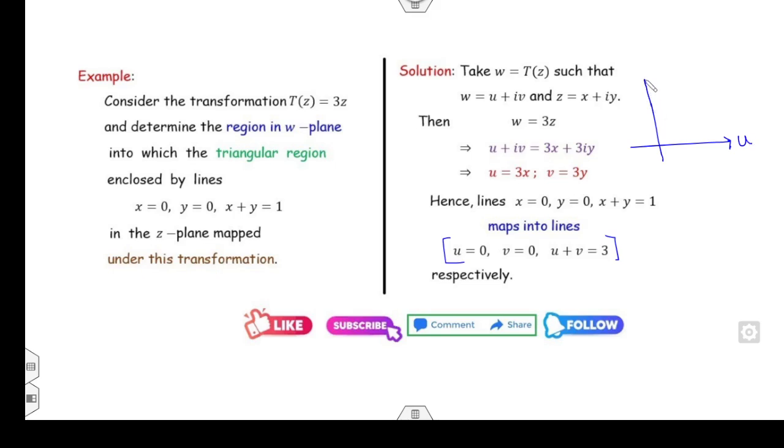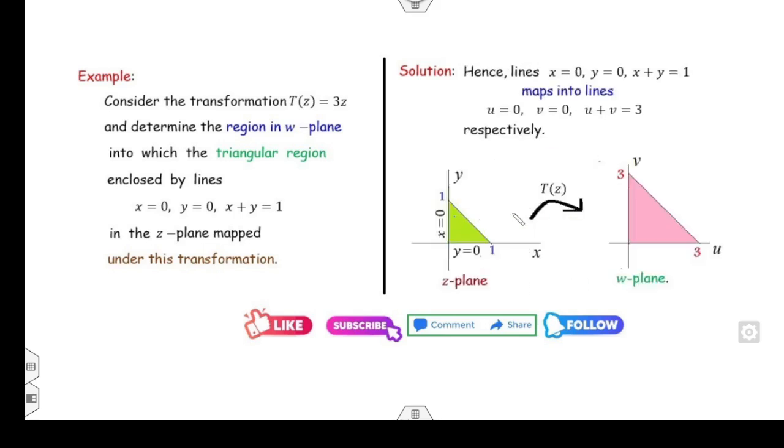This is u, this is v. So v is equal to 0, u is equal to 0, and u plus v is equal to 3. The shape is preserved, but it is magnified 3 times. That is the right answer, and the region is u equal to 0, v equal to 0, u plus v equal to 3.